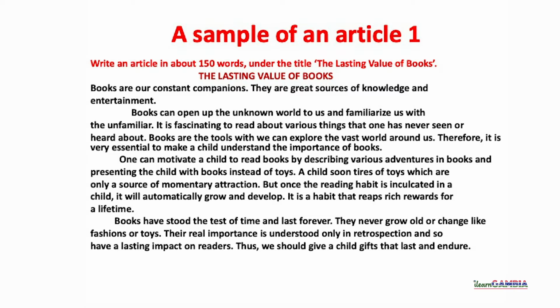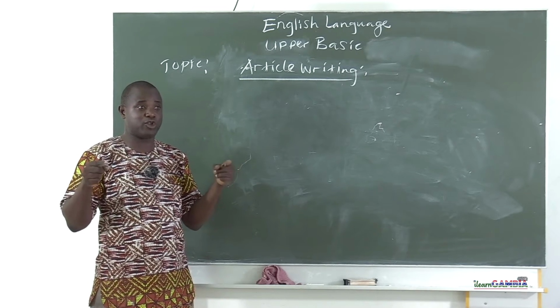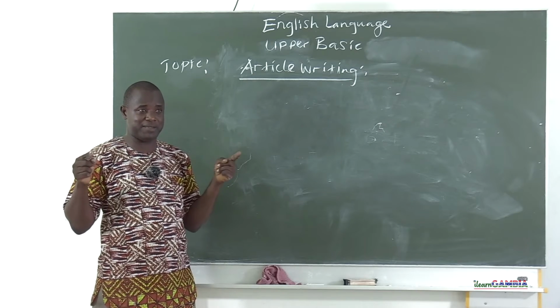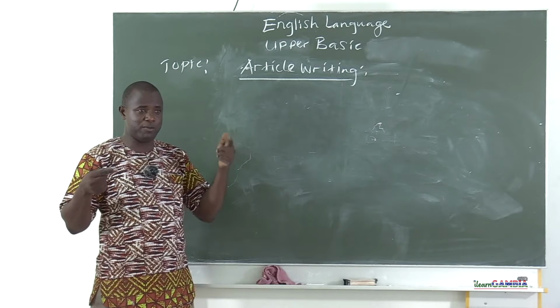But once the reading habit is inculcated in the child, it will automatically grow and develop. So you can see those toys will only entertain, but cannot make the child grow intellectually or academically. So you can see how important books are. It can make a child grow intellectually and academically, and of course it can also help the child to develop. So we move on.